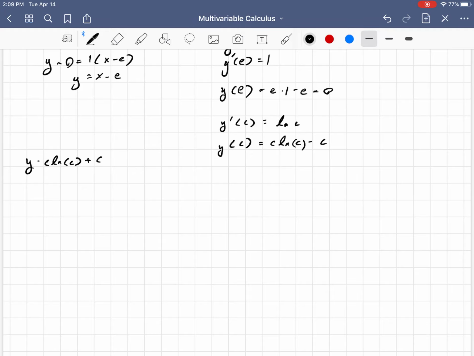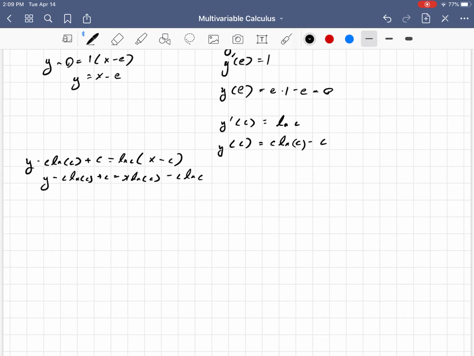So when we plug this in, we get y minus c ln c plus c, because it's minus a negative, is equal to ln c times x minus c.